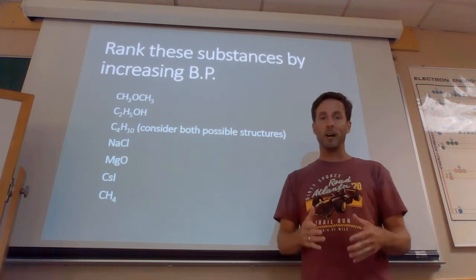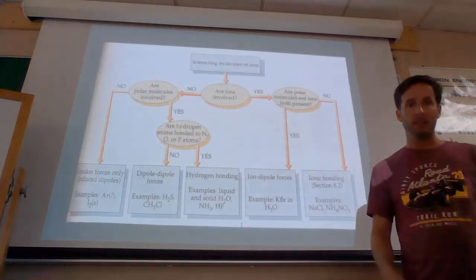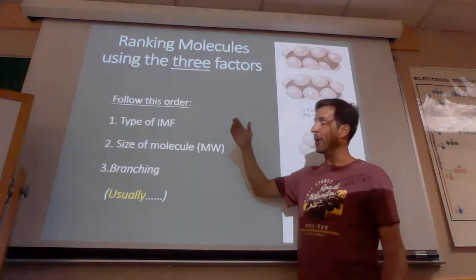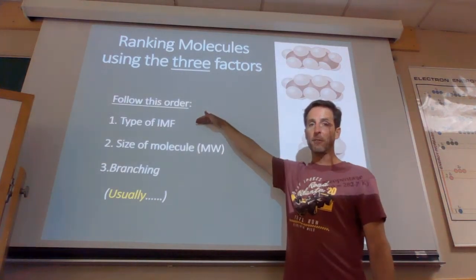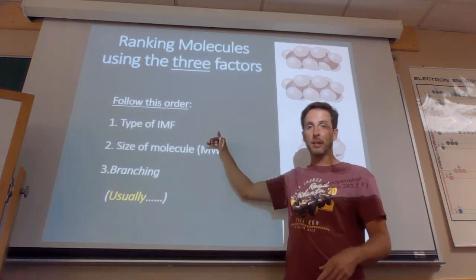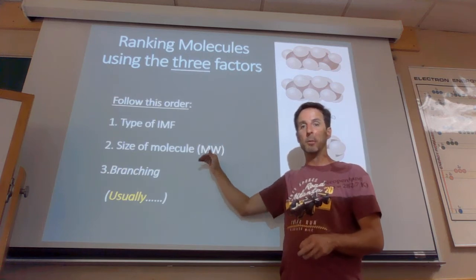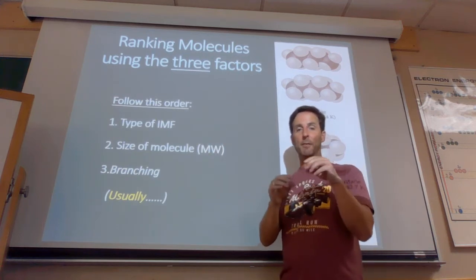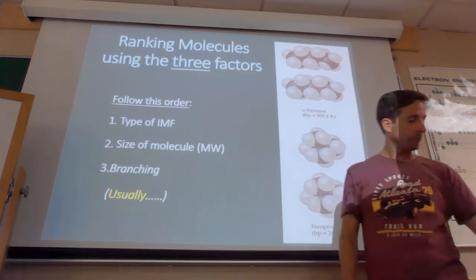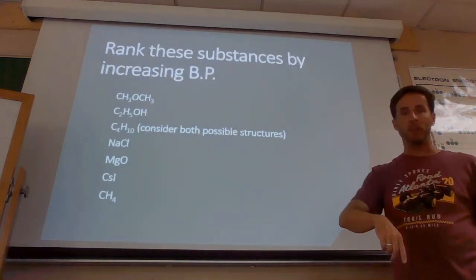Based on that, if you go back a couple of slides, we're going to rank them based on the intermolecular force first. The ones that have the same intermolecular force, we're going to compare their molecular weights. And then for the ones that still have the same molecular weight, we're going to look at how much branching they have off the straight chain. Go ahead and figure that out and then restart the video when you're ready.